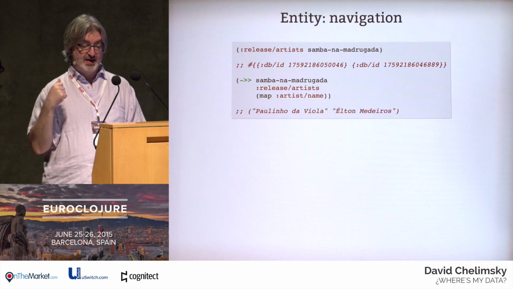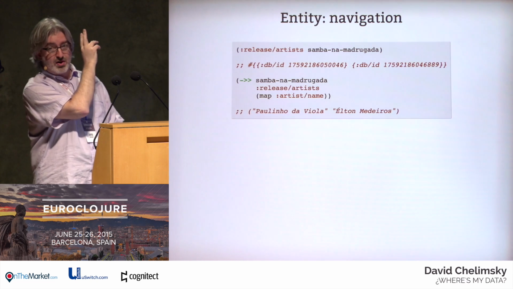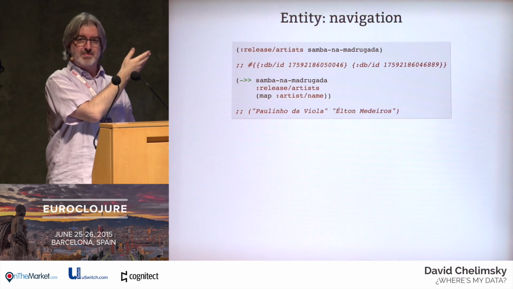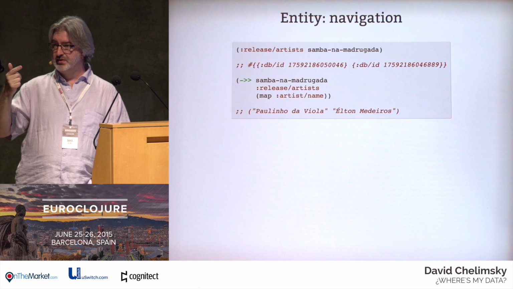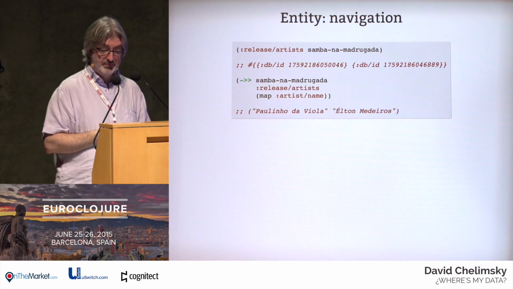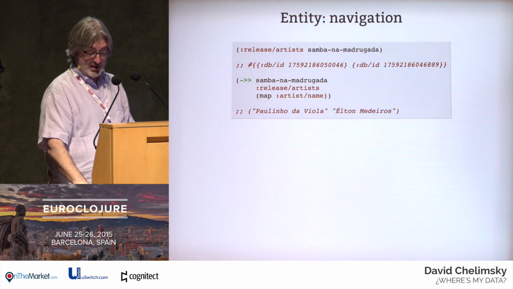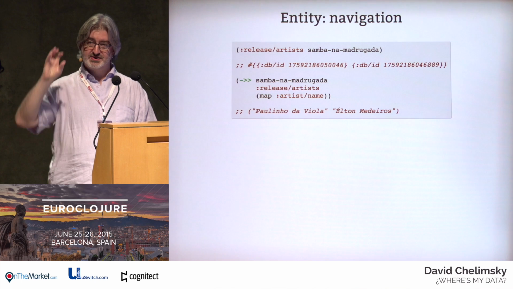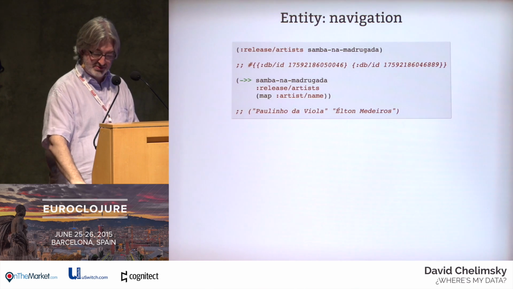And when we get those back, you can see that the releases are similar representations to what we saw before. It looks like a map with a DB ID in it. But if you were to map over that with the artist name keyword, we'd get back the artist names for all of those. So we're navigating from one entity to the other entity in that way. And we don't have to pull all of that data back at once.